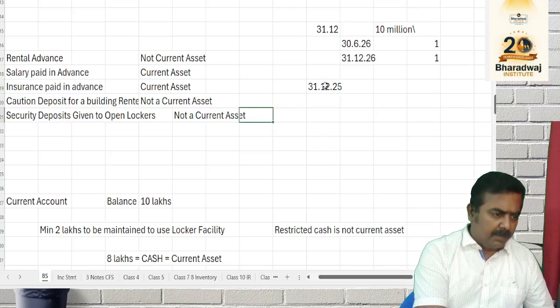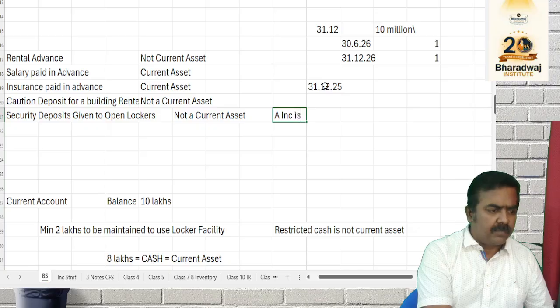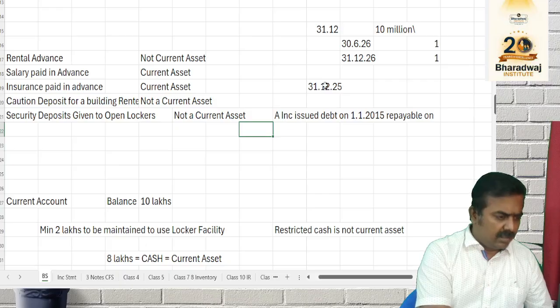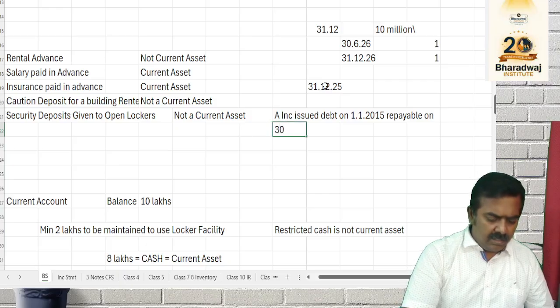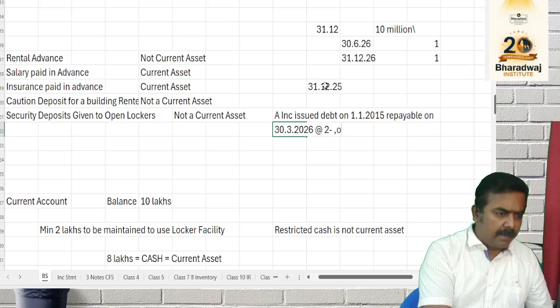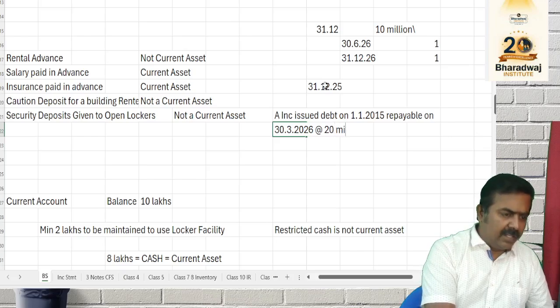A company issued debentures on 1/1/2015, repayable on let's assume 30/6/2026, $20 million. Will it be called as a current liability or non-current liability?